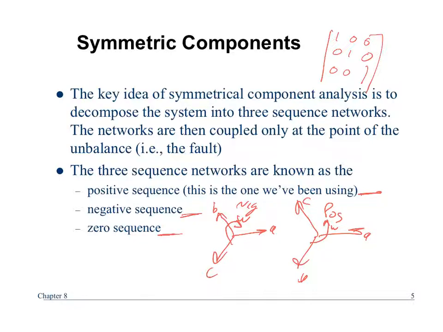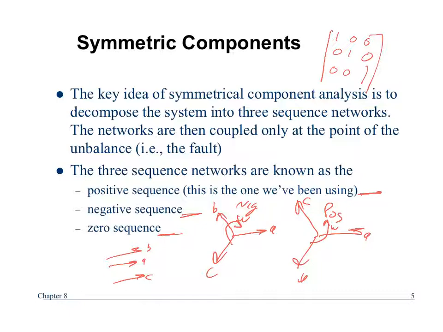What do you think zero sequence is? Zero sequence is a little bit different, because we only have the 2 rotations, ABC or ACB. We can't have BAC; that's just an extension of ACB. In zero sequence, we have A and B and C, and they're all the exact same magnitude, just like the other ones.